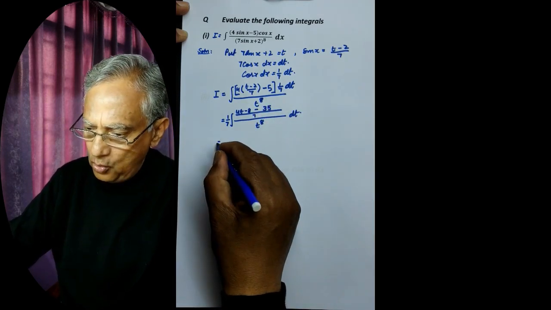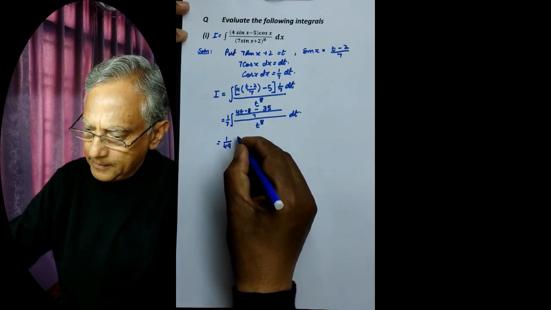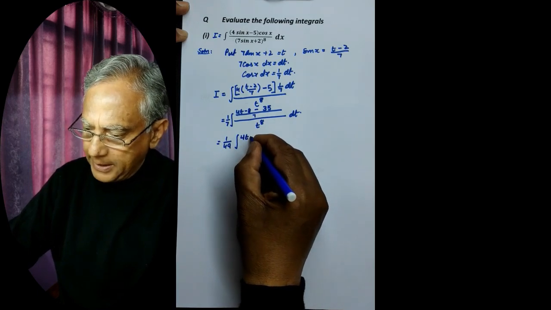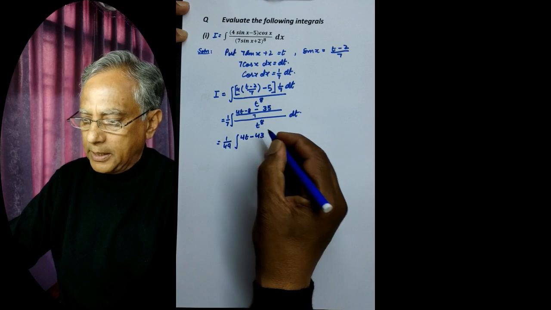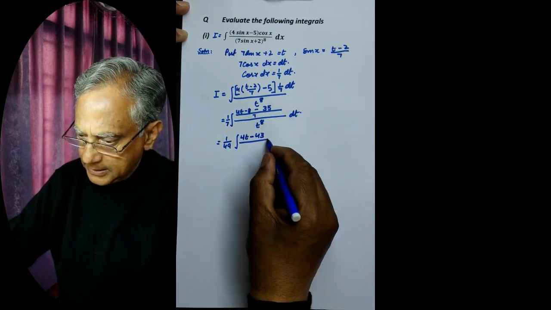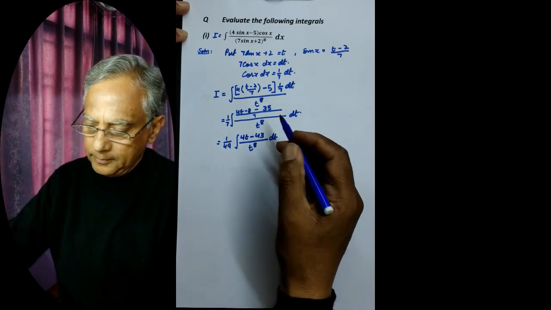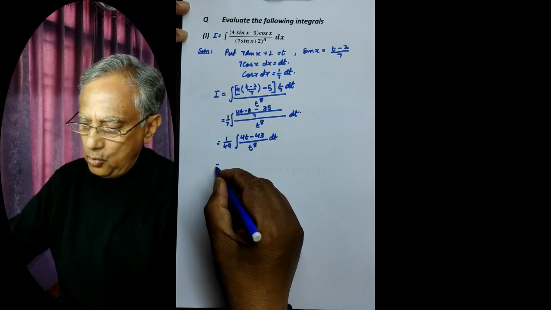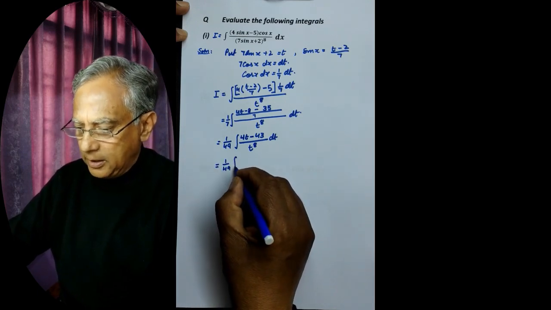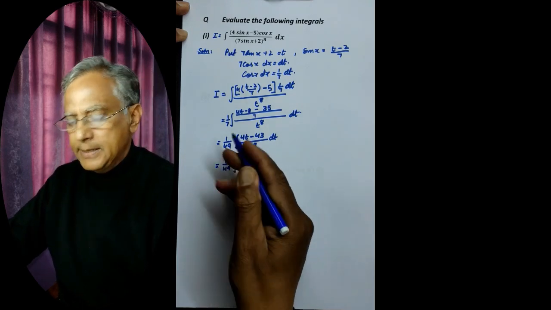And this is equal to, now 1 by 7 will come out, so we will have 1 by 49 integral of 4t minus 43, that is, 35 plus 8 is 43, over t to the power of 8 dt. This is equal to 1 by 49 into the integral. Now we will be able to solve this integral just by separating the terms.